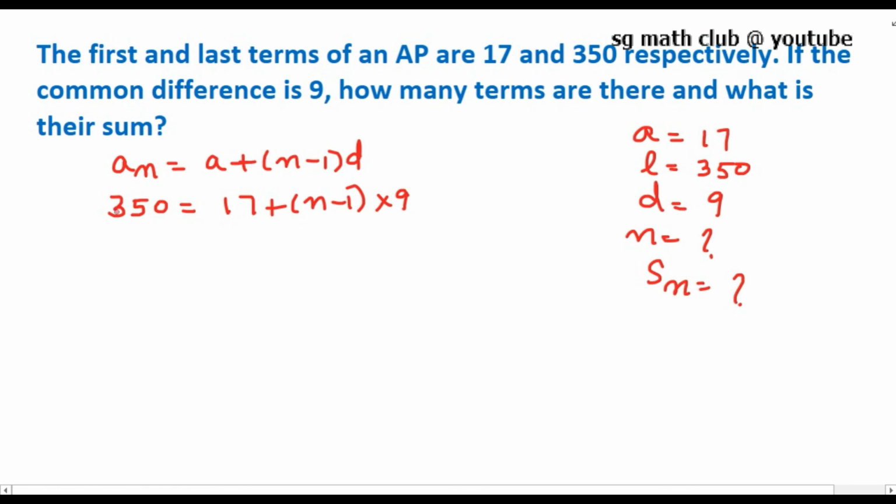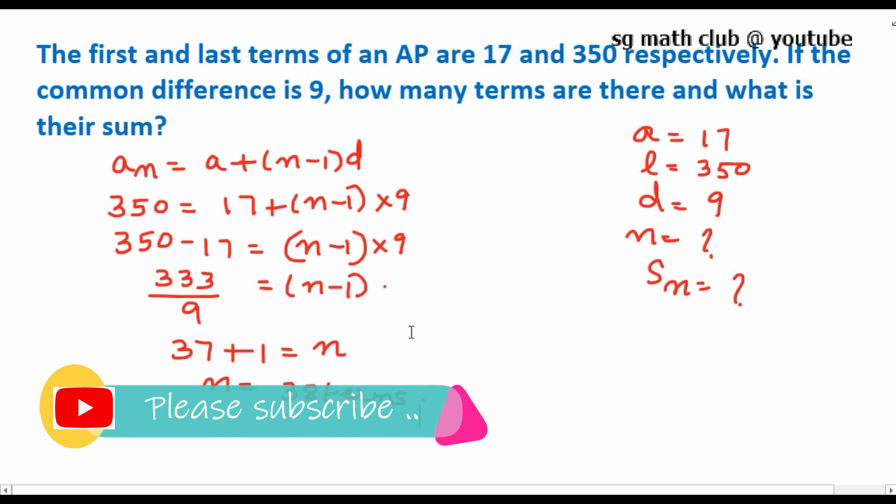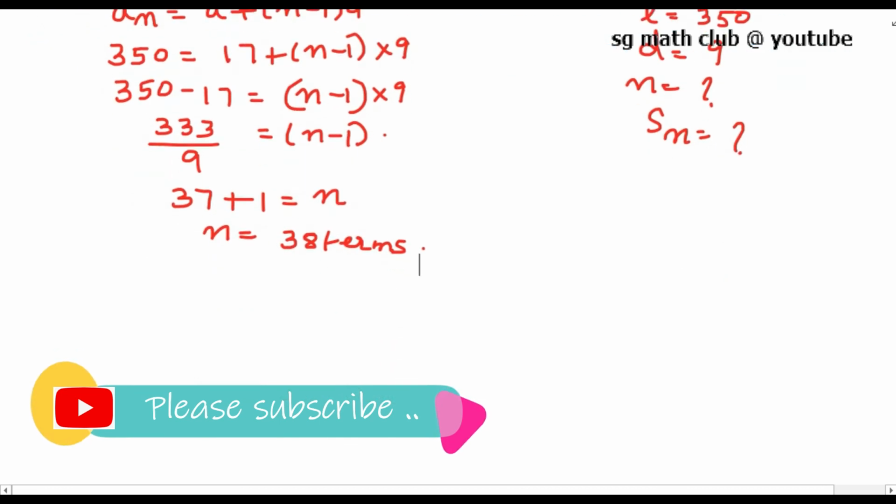So 350 minus 17 equal to n minus 1 into 9. That is 333 divided by 9 equal to n minus 1. So 333 divided by 9 is 37, plus 1 is equal to n, or n is equal to 38 terms. Now we need to find out sum of these 38 terms.